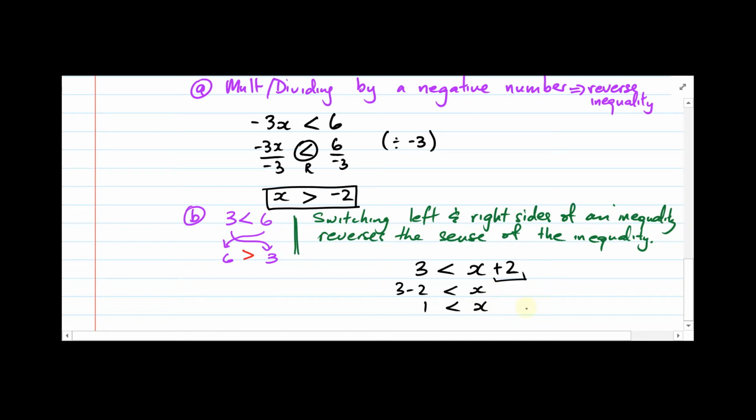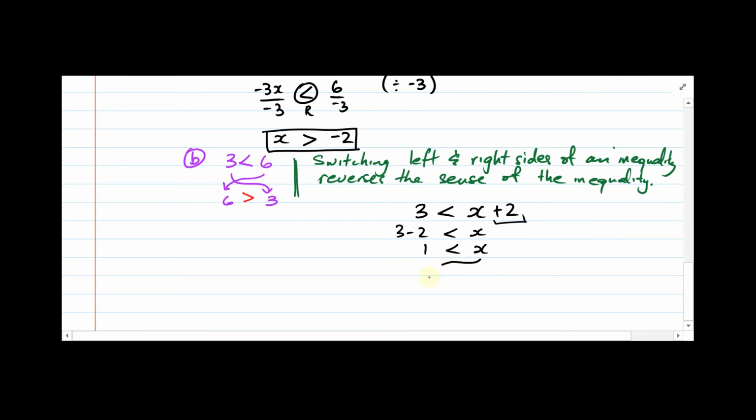But in math, we want to state our results in an active voice. Rather than saying 1 is less than x, I want to say what is x? X is greater than 1. So what I'd be looking at is switching the sides here, left and right hand sides would exchange, and I end up with x is greater than 1.